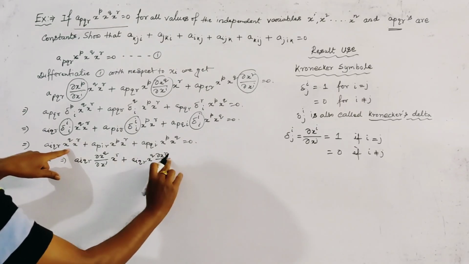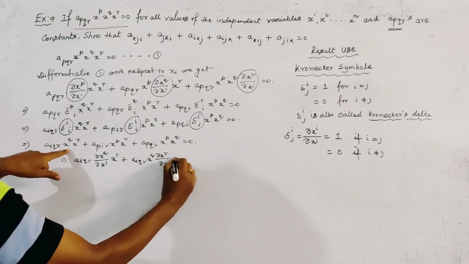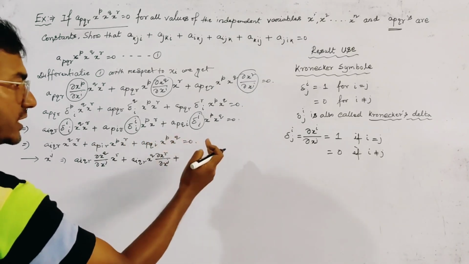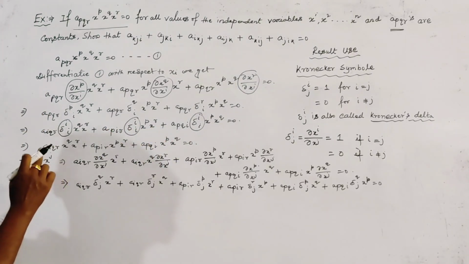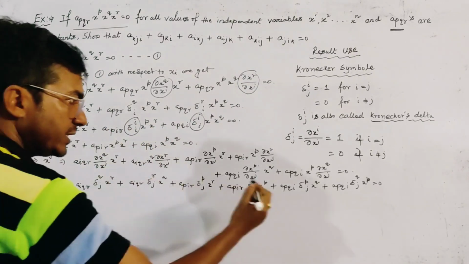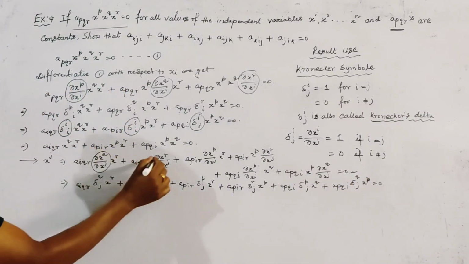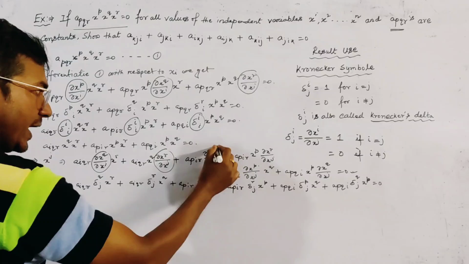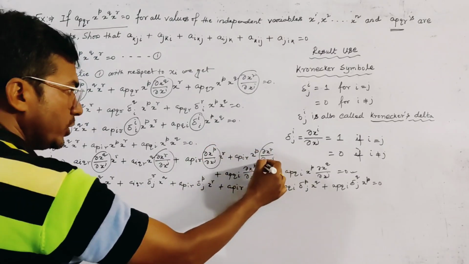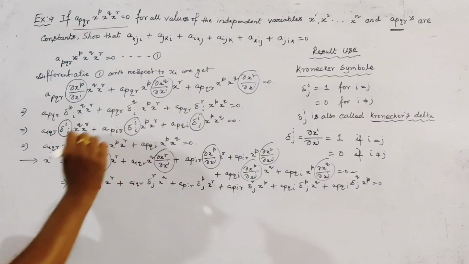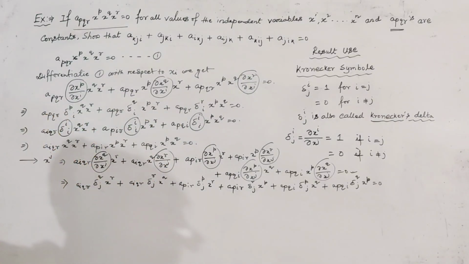Sorry, this is not i, this is j. Similarly we differentiate the other terms with respect to xj, and putting all these 6 differentiations with the symbol of the Kronecker delta, we get the last line here, as above.